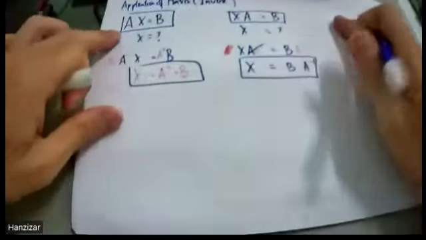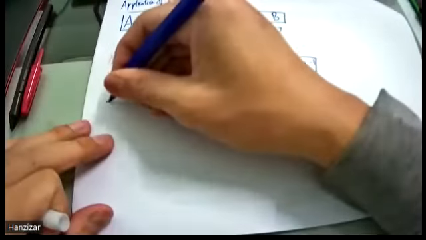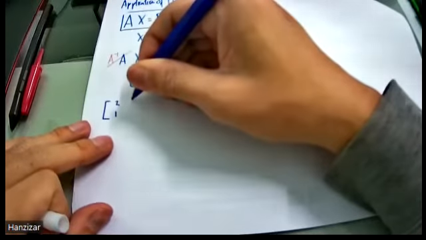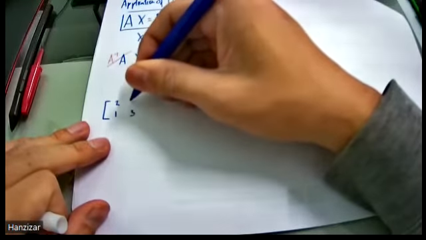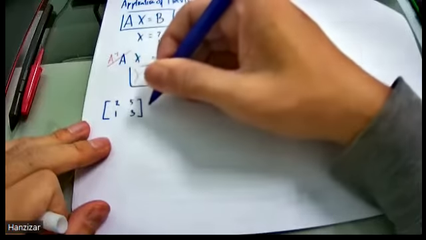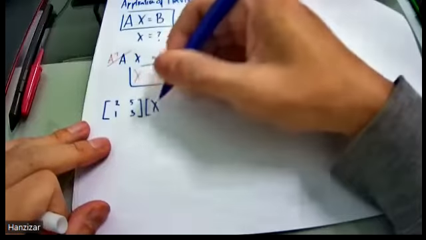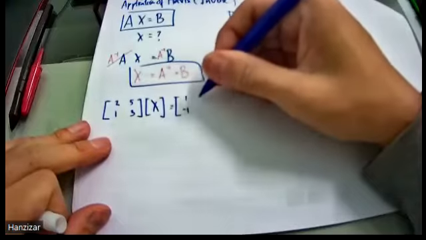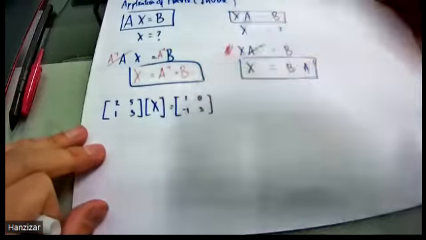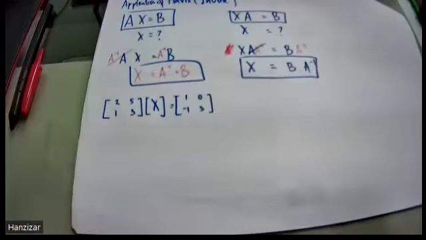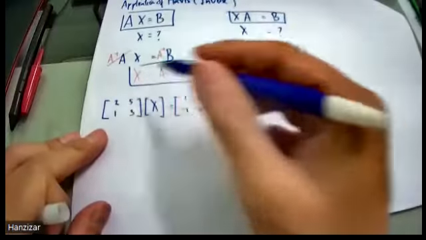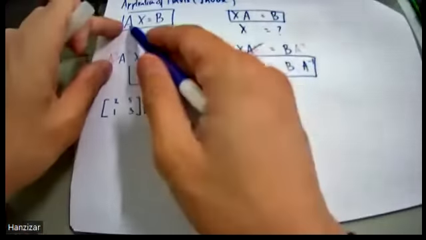Okay, let's try an example. Use the left one. A times X equals 1, -1, 0, 3. Okay, what can you do now? You need to annihilate this, the A matrix. The known matrix is on the left side, like this.